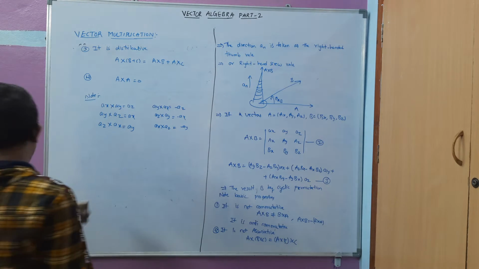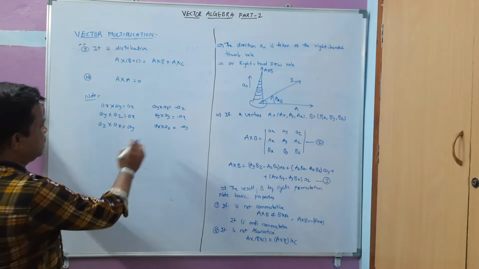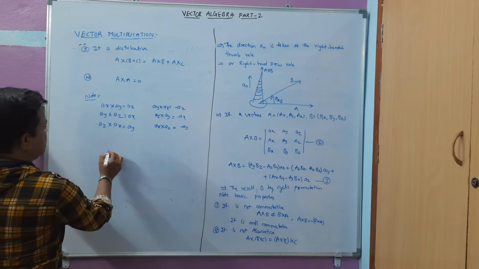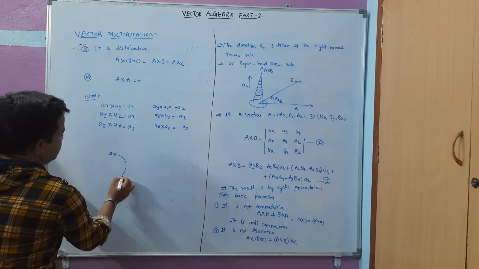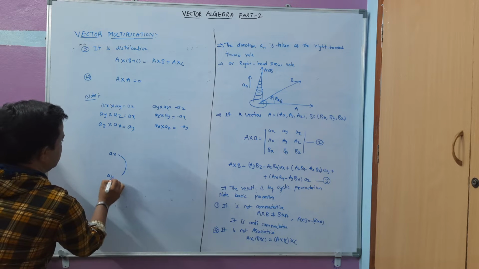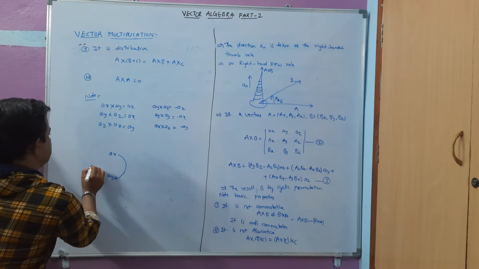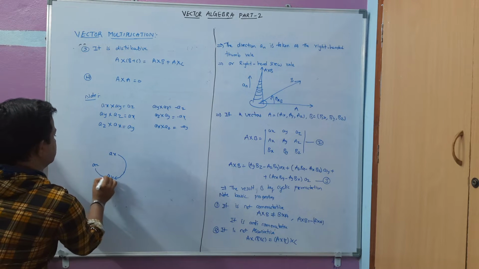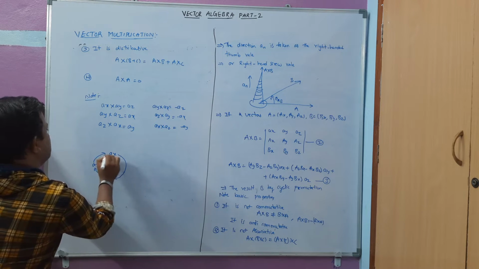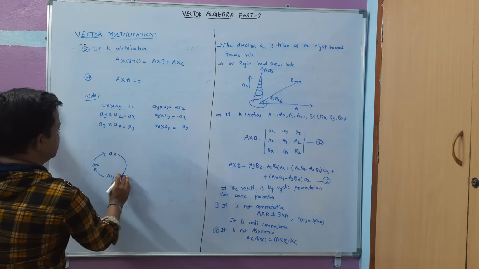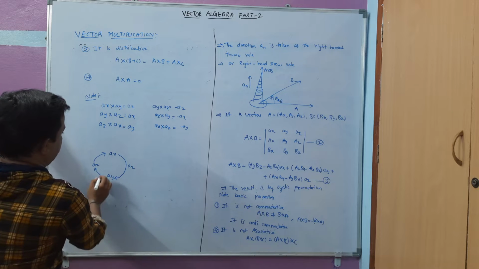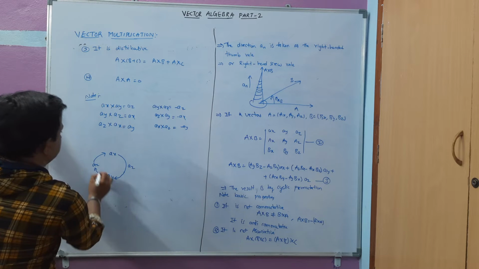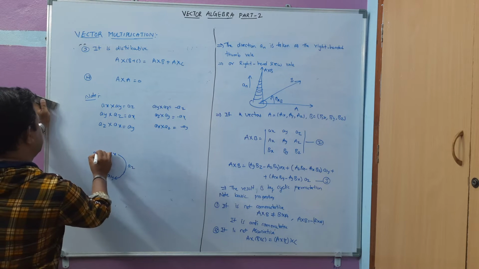So this we can obtain by using the circle here, which is very easy to understand. AX, AY, AZ. So this is a clockwise circle, so it will give me the result as AX cross AY is AZ and AY cross AZ is AX, AZ cross AX is AY.